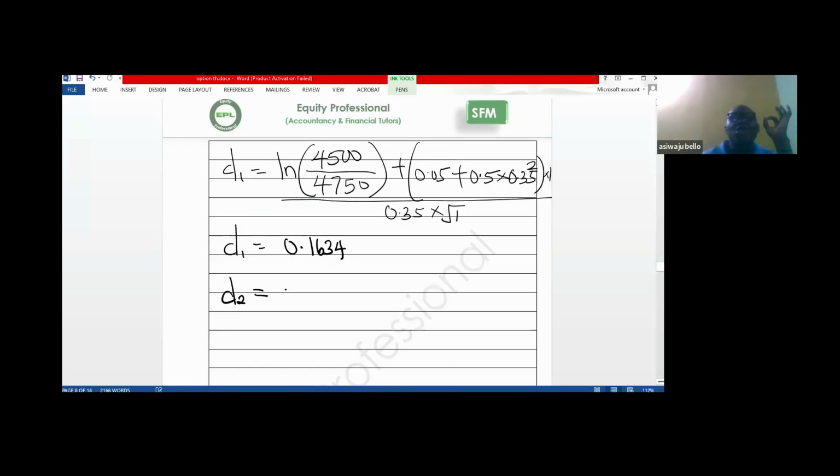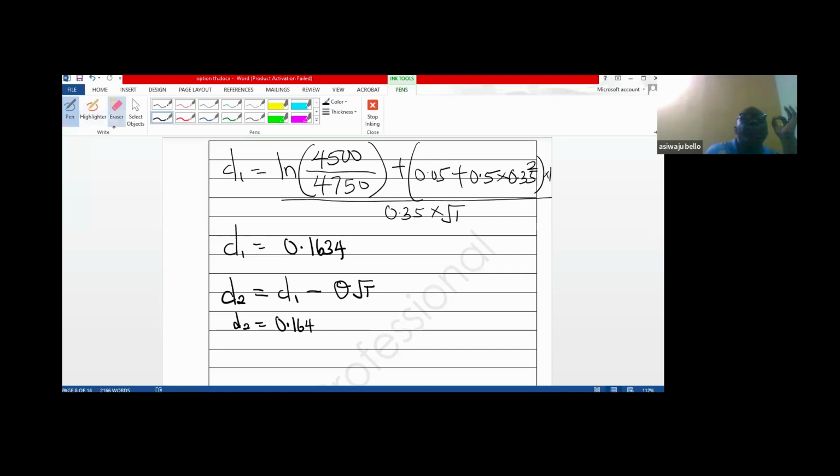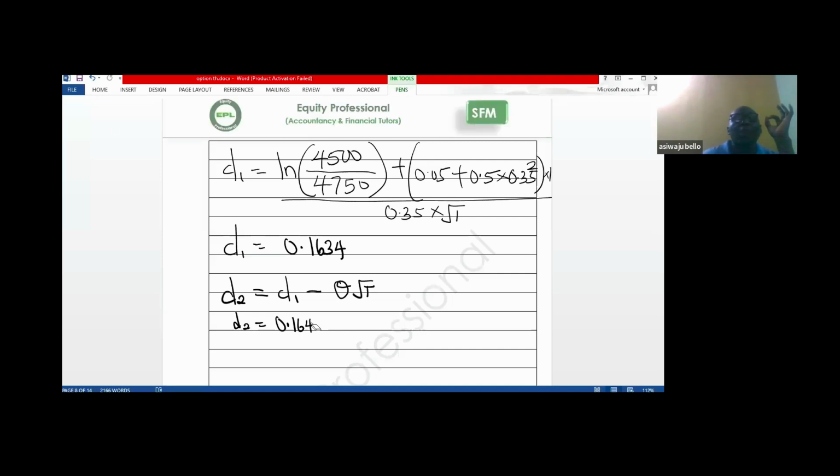D2 is equal to D1 minus volatility times the square root of T. My D2 is equal to 0.1634 minus 0.35 multiplied by the root of 1.